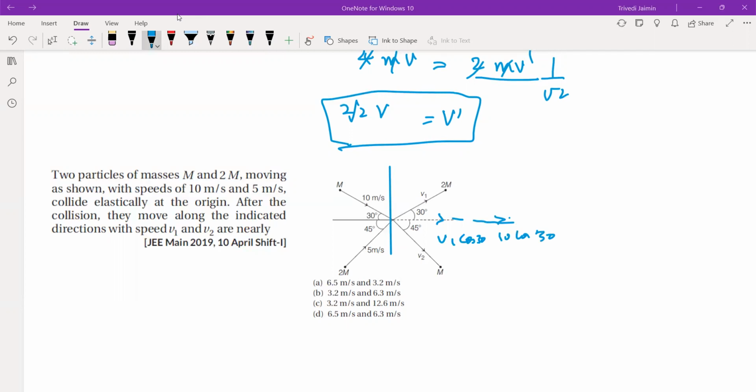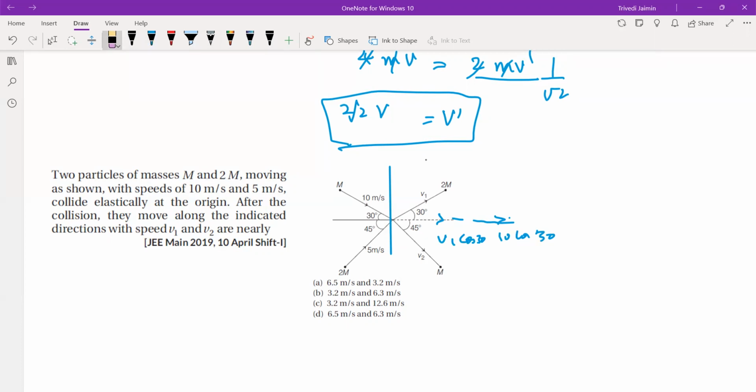V1 cos 30, 10 cos 30. That is 10 sin 30. So this is V2. Sorry, this is V2. This should be V2. Let me draw it properly.